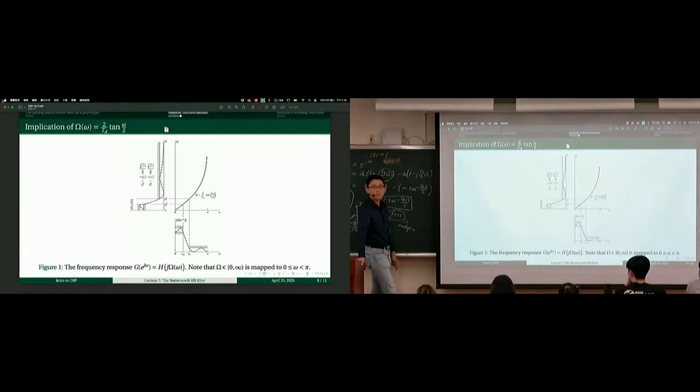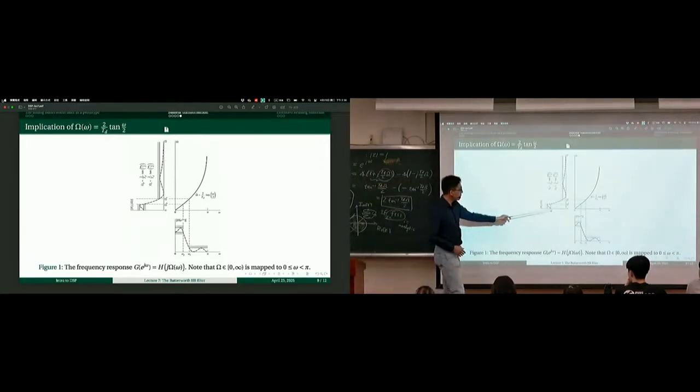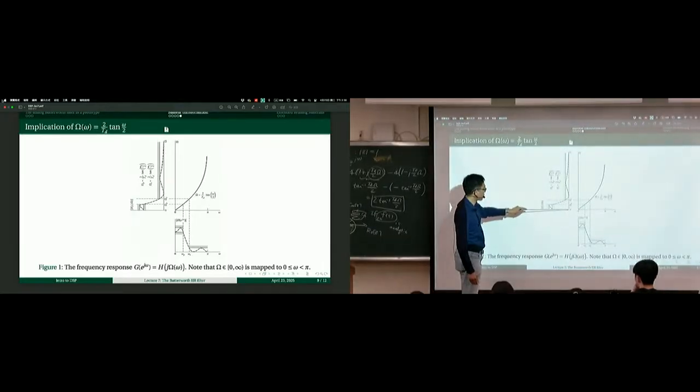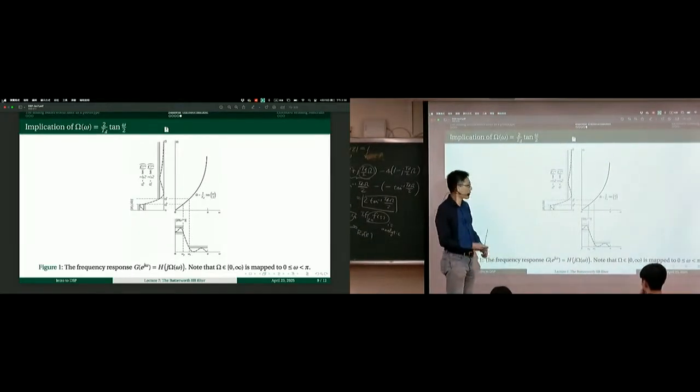In what sense? In the analog world, the frequency omega can go from DC, from 0 to infinity. That's the entire frequency axis.